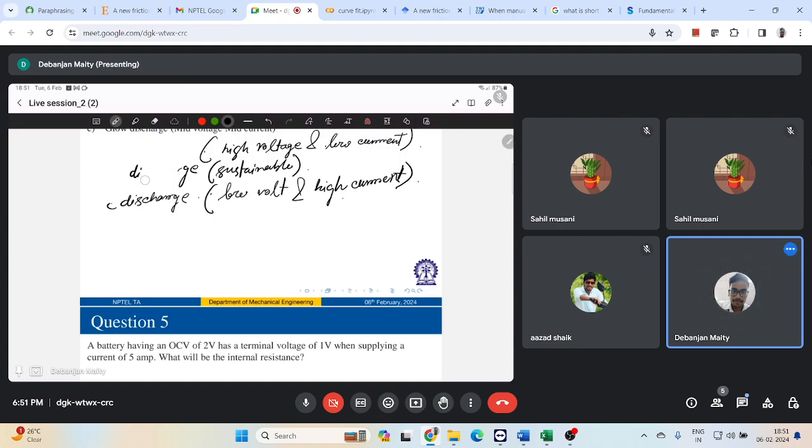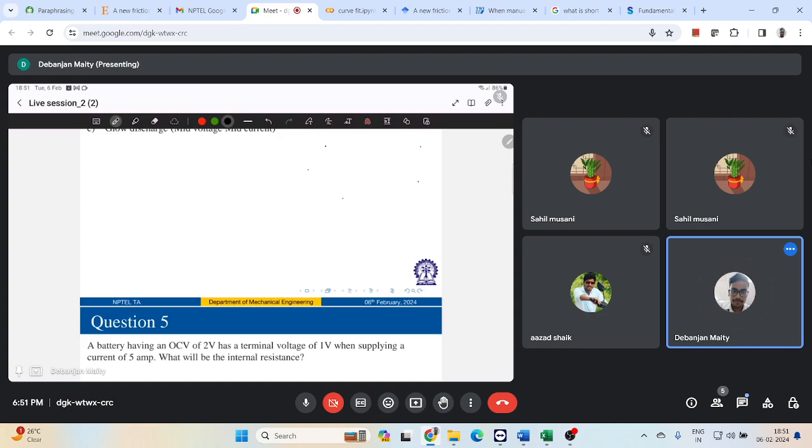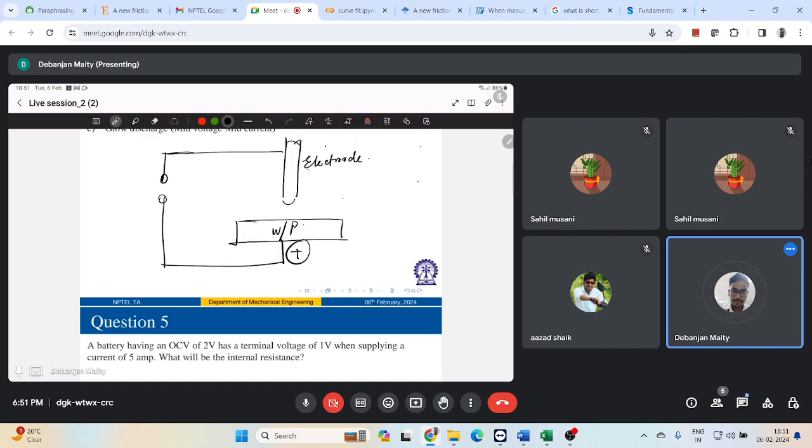So what we have in terms of power source will look something like this. Let me explain. Let's say I'm having an electrode like this. This is my electrode and this is my workpiece. One end will be connected to the positive end and one end will be connected to the negative end, and from there I will create the arc.